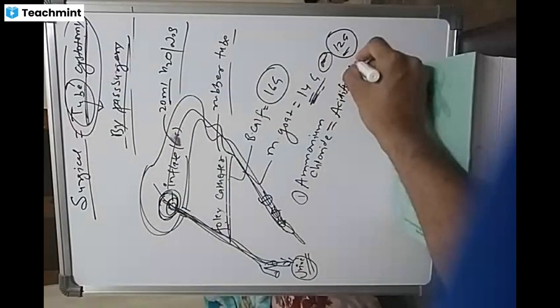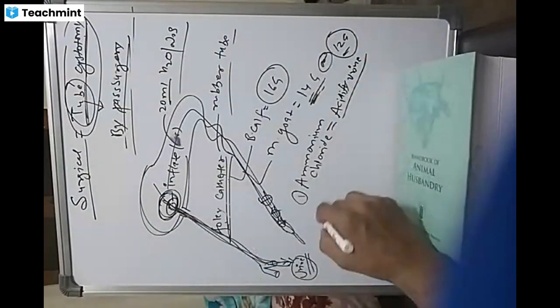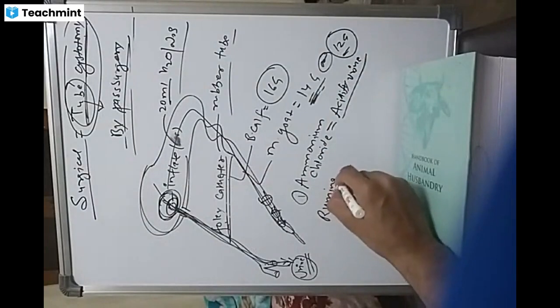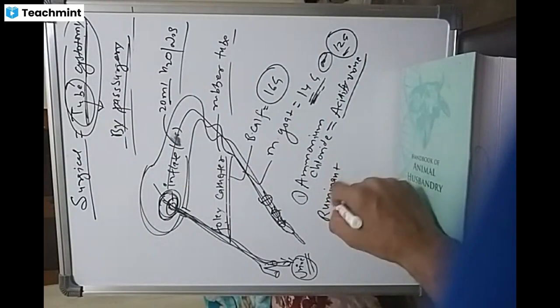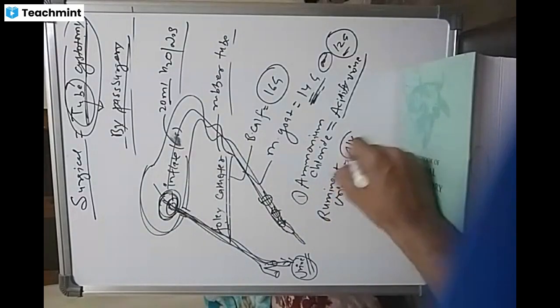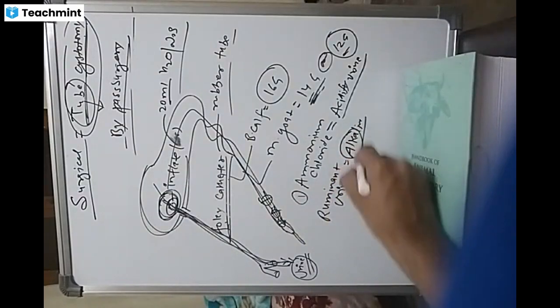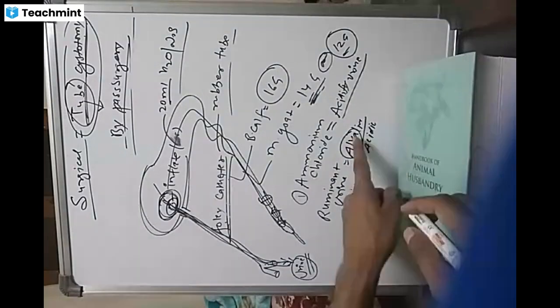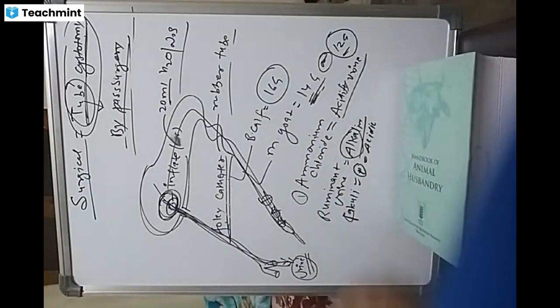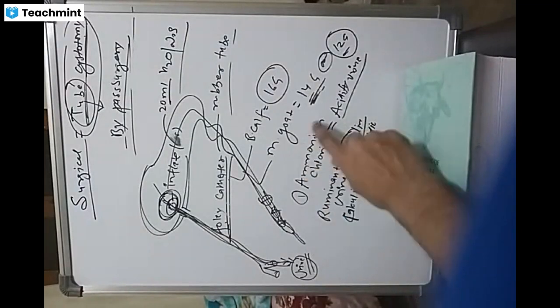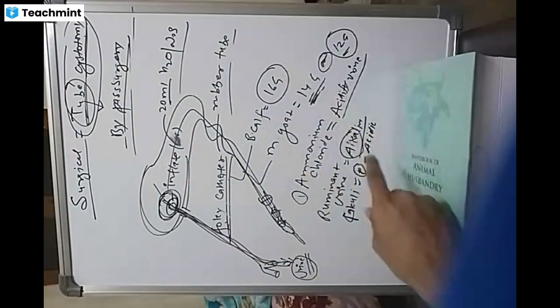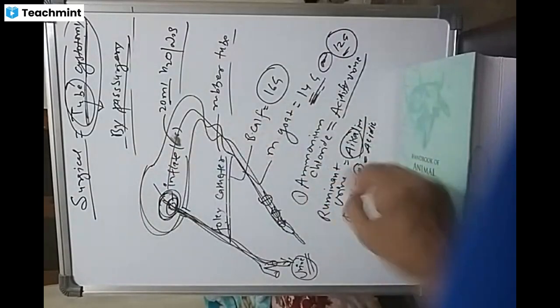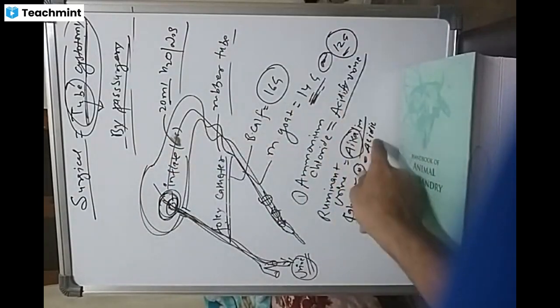Normally, the urine of a ruminant is alkaline, and phosphate calculi precipitate in alkaline urine, making smaller stones. But what we are doing is giving ammonium chloride to make the urine acidic. If the urine becomes acidic, the calculi dissolve.